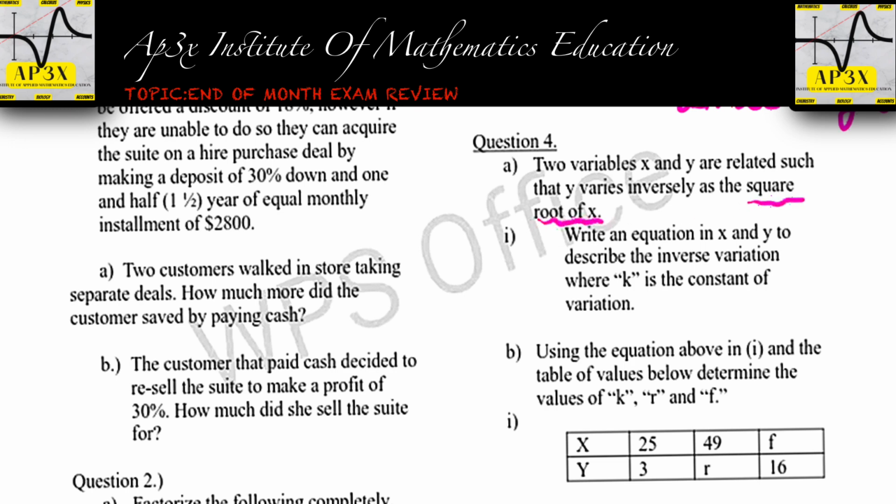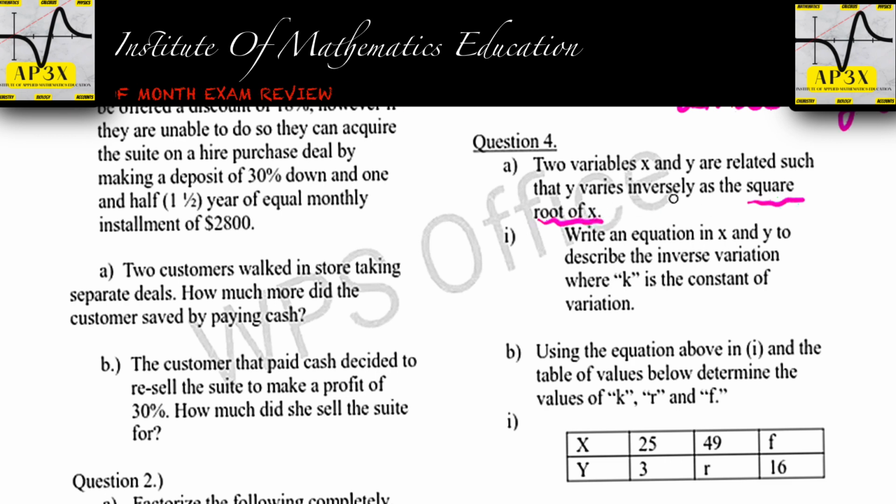It is the part where they say it varies inversely as the square root of a term, or the square of a term, or the cube of a term. You guys have to slow down and read the question, so that upon writing the formula you can make the necessary adjustments between the relationship of the variables.